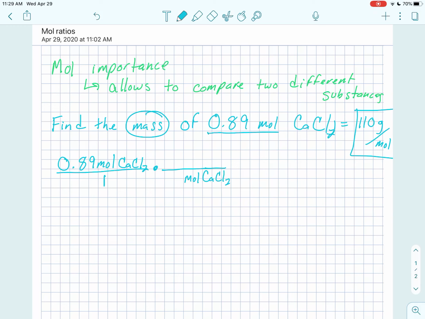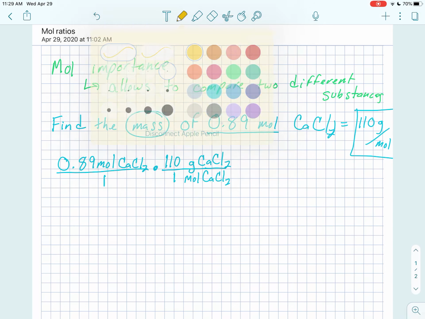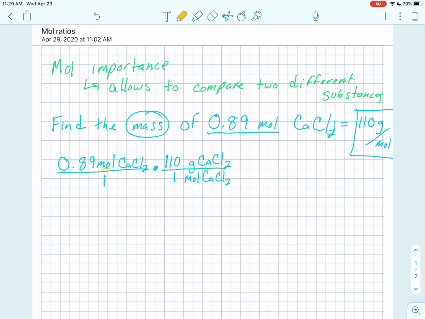So since I'm talking about calcium chloride in moles and I want calcium chloride in grams, I can use this conversion factor. It was 110 grams of calcium chloride in 1 mole of calcium chloride. Don't forget to cross things out and make circles. So mole of calcium chloride, grams of calcium chloride.